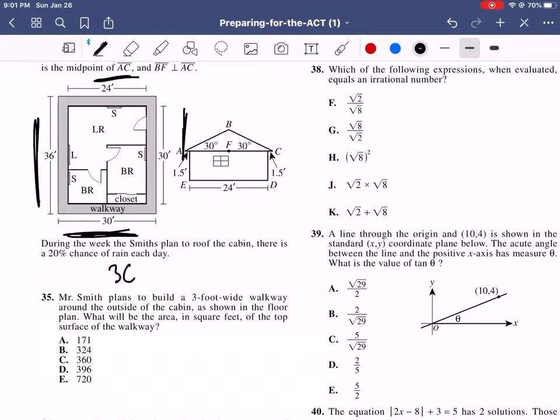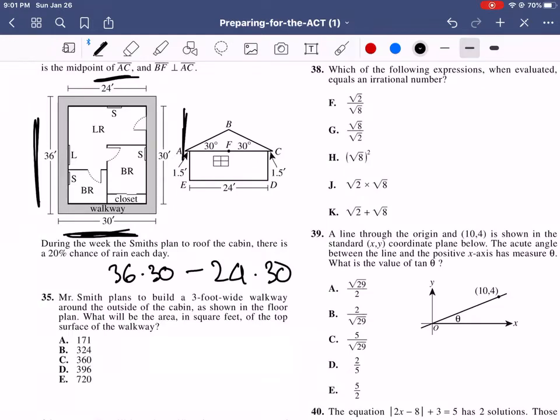So you're going to do 36 times 30 minus 24 times 30, because you're trying to get the area of the walkway and subtract it by the area of the house.